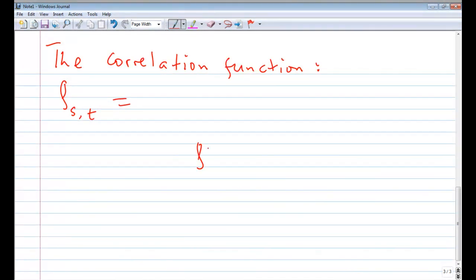This symbol we call a rho, like this, rho. Okay, so you have to know how to write it. So rho ST is equal to the corr, that corr stands for the correlation of XS, XT.